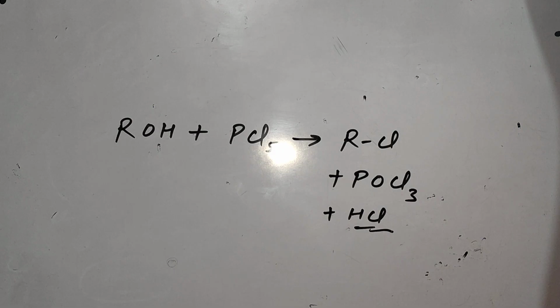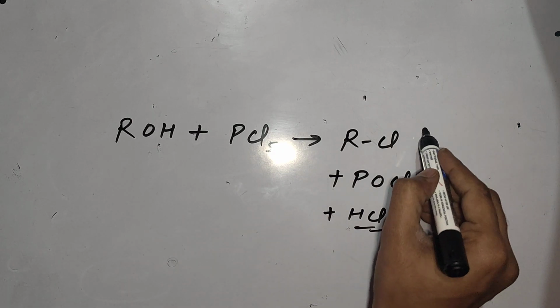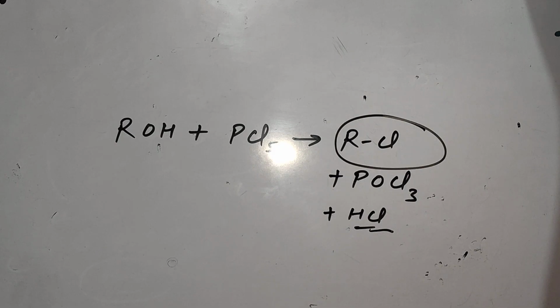And this was the mechanism of how alcohol reacts with PCl5 to create our main product RCl. This is the end of the video. In the next video, we will check the mechanism of reaction between alcohol and SOCl2 to create RCl. Thank you very much.